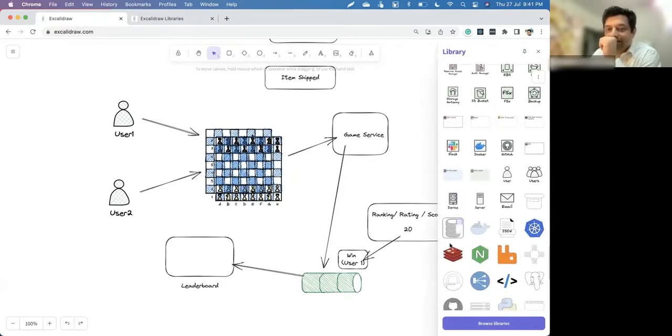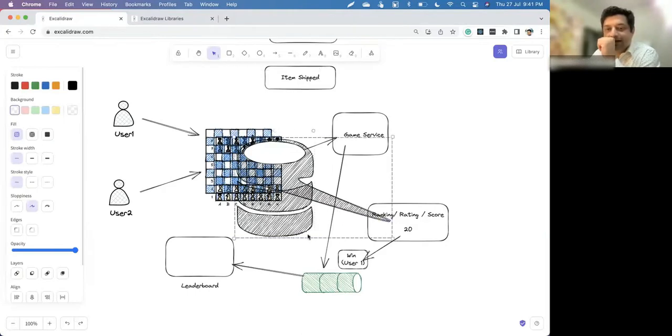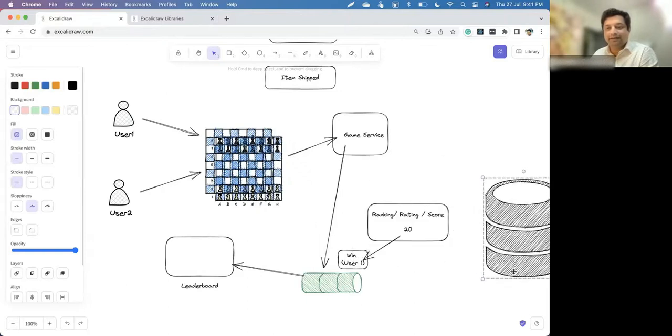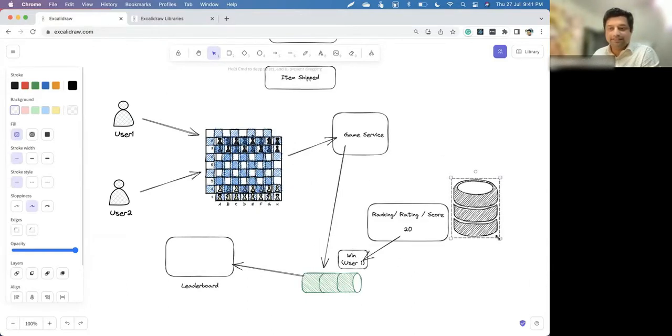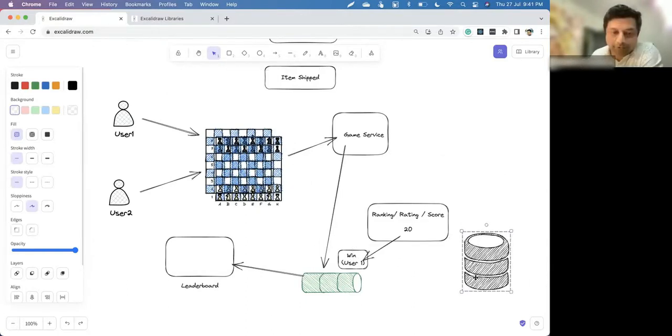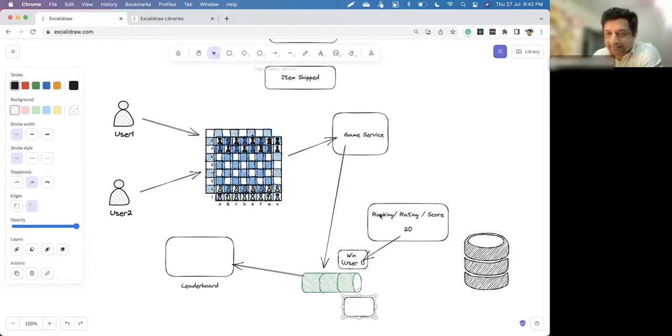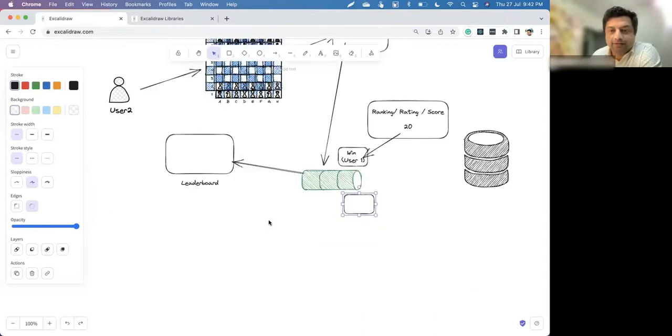Once these scores are updated, you can always read the top 10 from this database to generate the leaderboard. So you will have various messages for all the wins, and the ranking and scoring service will be updating the scores. This is one advantage.